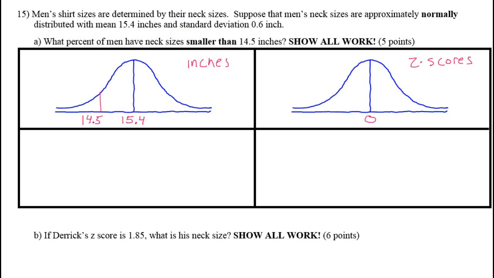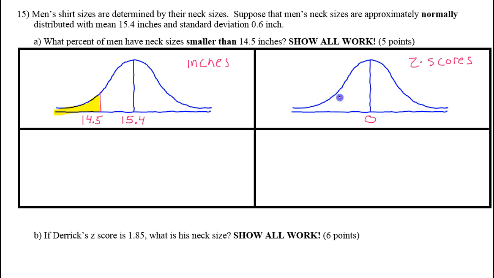So if I'm talking smaller, then I'm going to shade the left side of this graph to show that these are the neck sizes I am interested in. So this is the percent that we're looking for, this percentage of the graph. Obviously something less than 50%. So if I do this math and I get something bigger than 50%, I know I did something wrong.